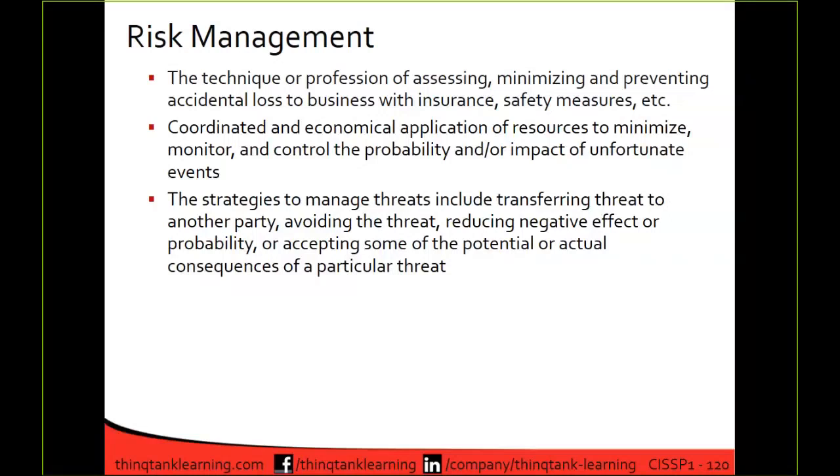Risk management is defined as the technique or profession of assessing, minimizing, and preventing accidental loss to a business with insurance, safety measures, etc. Meaning that we have various risks that are involved in the organization. We're going to implement various techniques to mitigate that risk.